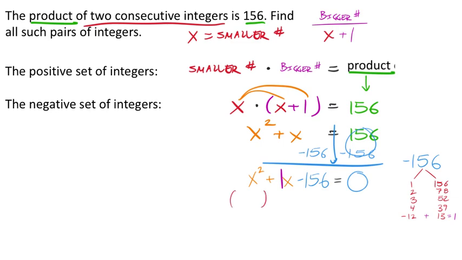Okay, so let's go ahead and look at the two binomials that this creates with the x's. And we see the two factors are going to be negative 12 and also positive 13. And yes, as we had already planned, this does equal 0.